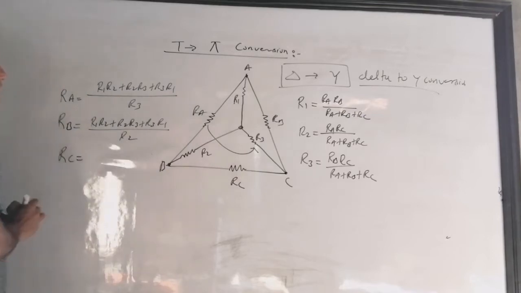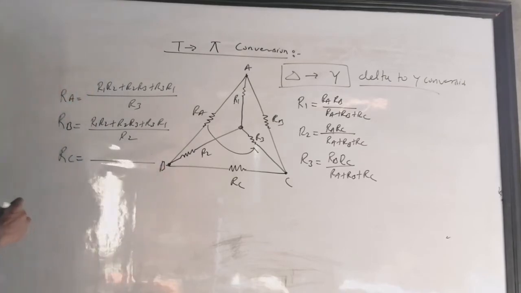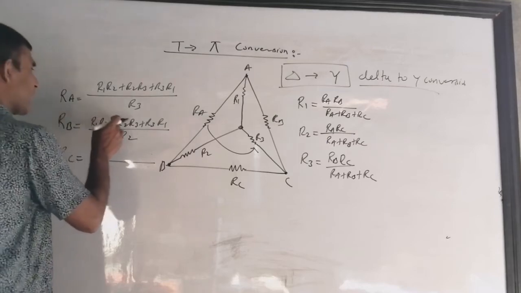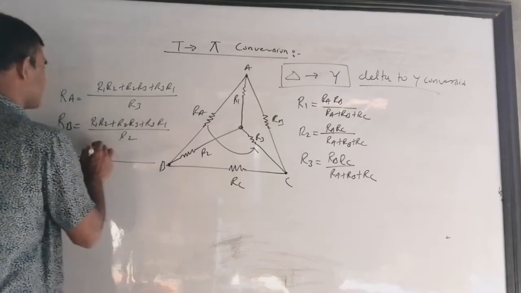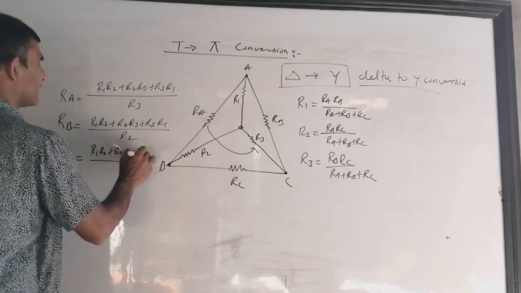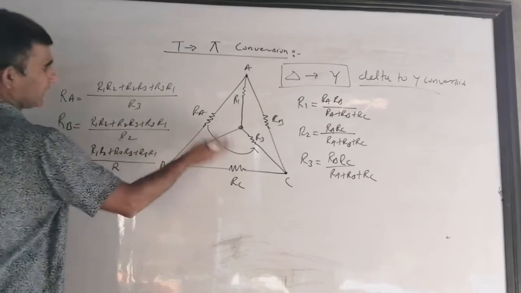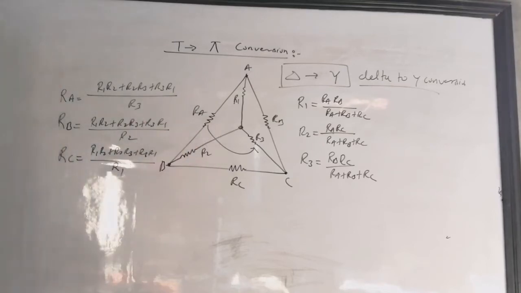And RC will be equal to. This time you have to tell at least, or I am not going to write. Fast. Yeah, same: R1, R2 plus R2, R3 plus R3, R1 by the opposite, which must be R1. No need to see the figure.